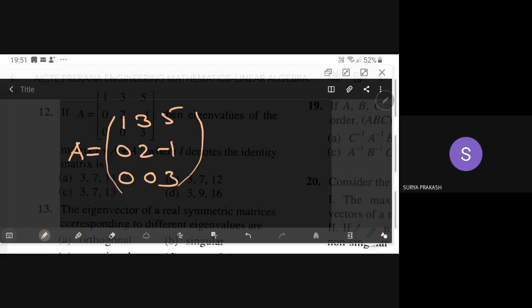What is the characteristic equation? To know the characteristic equation for A, what is that?